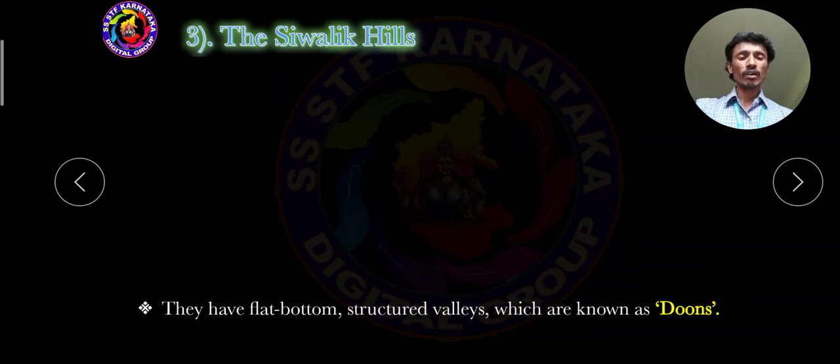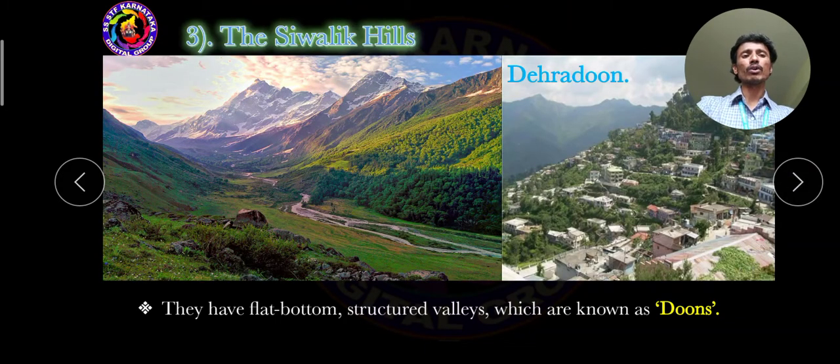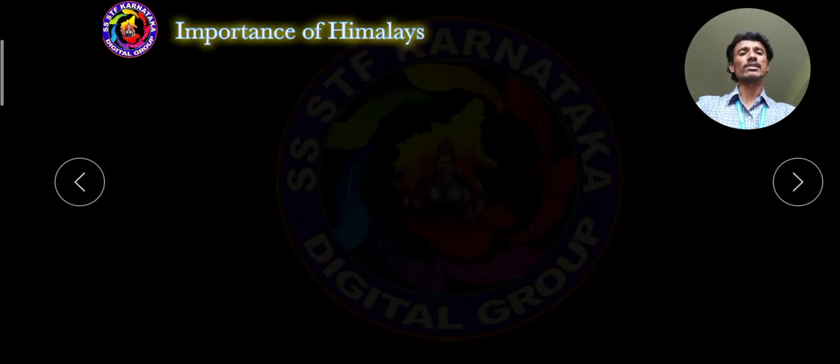Write the meaning of dunes: we find dunes in the Shivalik hills. They have flat-bottomed structured valleys which are known as dunes. An example of a dune is Dehradun, which is also found in the Shivalik hills.